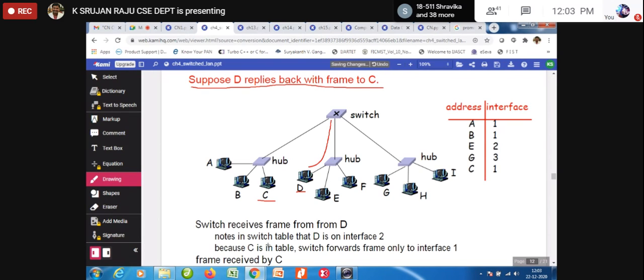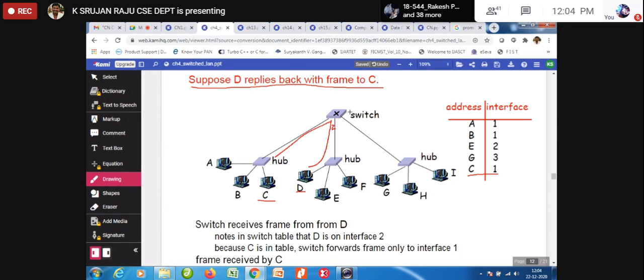Then it notes in the switch table that D is on interface 2. And because C is already in the table, since it was received and added, C is on interface 1. So the switch forwards the frame only to interface 1.